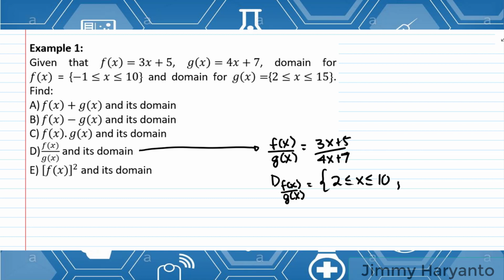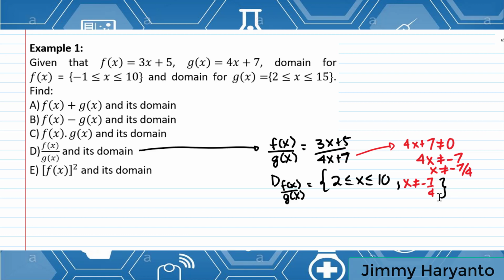The denominator cannot be 0. So 4x plus 7 cannot be 0. 4x cannot be negative 7, so x cannot be negative 7 over 4. You should write it like this: x cannot be negative 7 over 4.